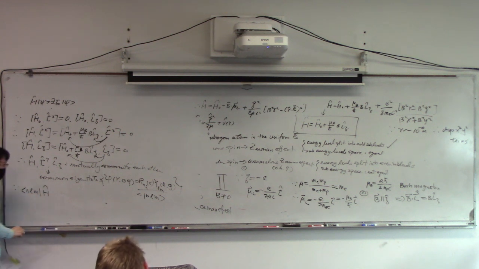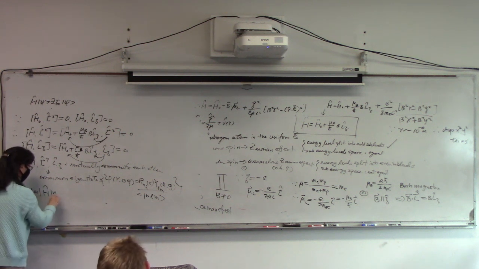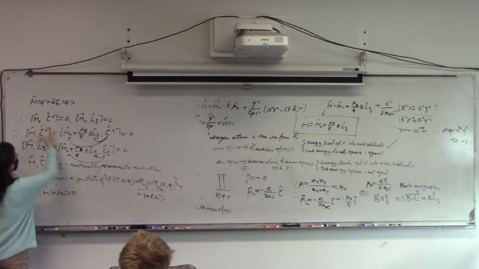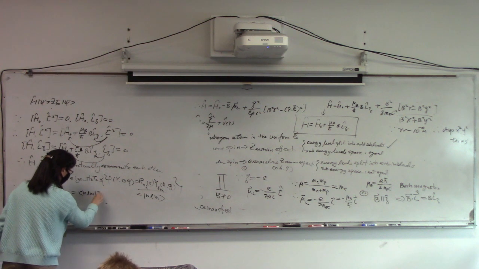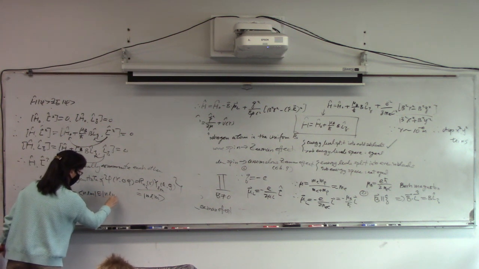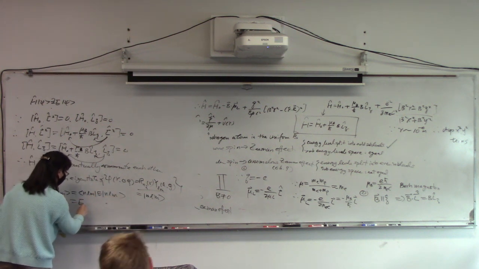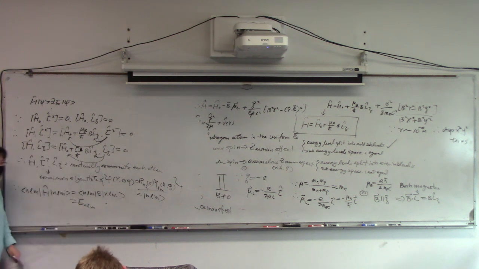Actually, that is the expectation value, right? The bra n L m, with the eigenfunctions, gives E n L m. That is the energy, that is what we are going to find.